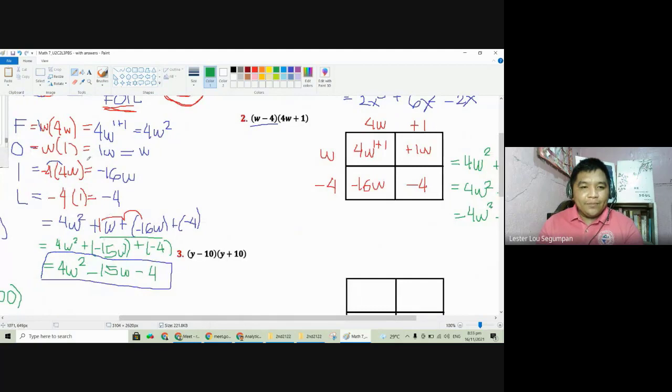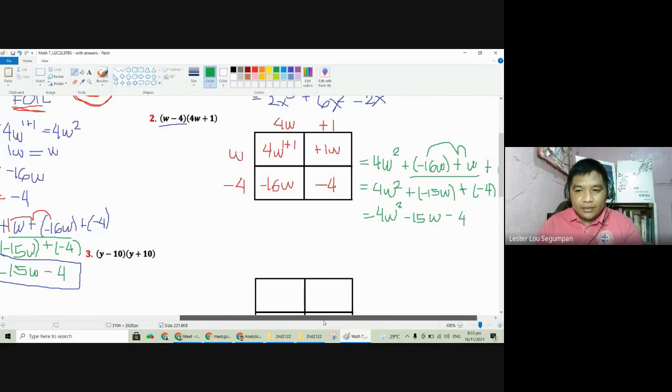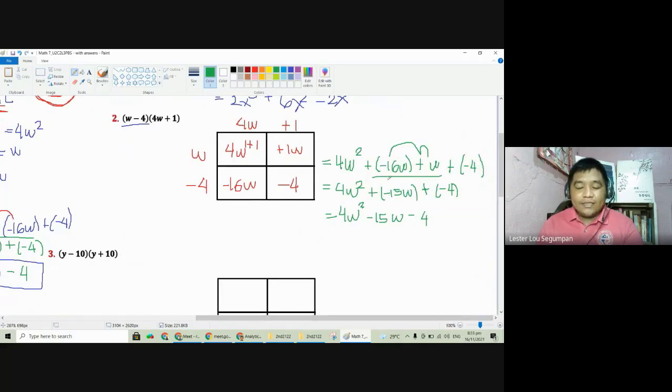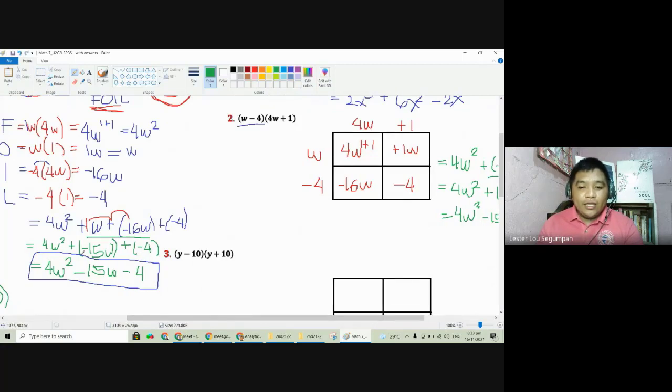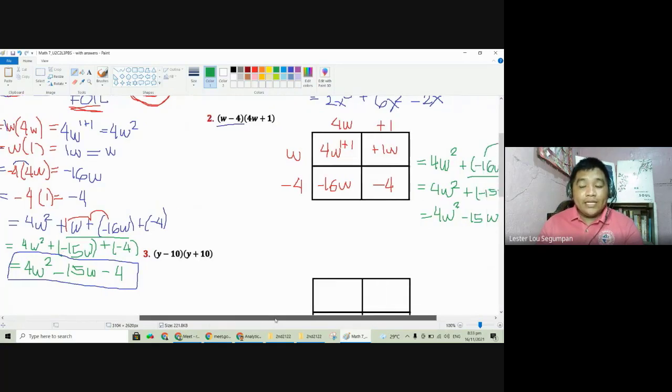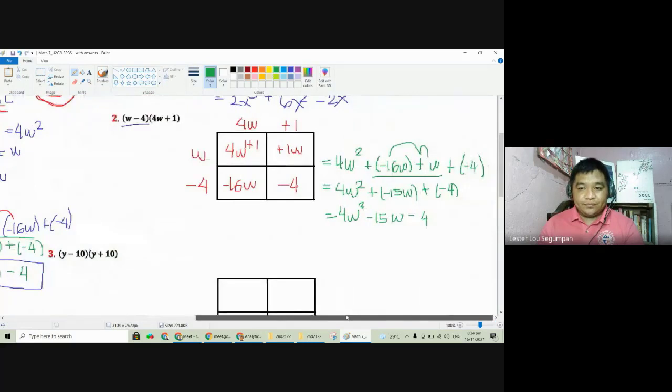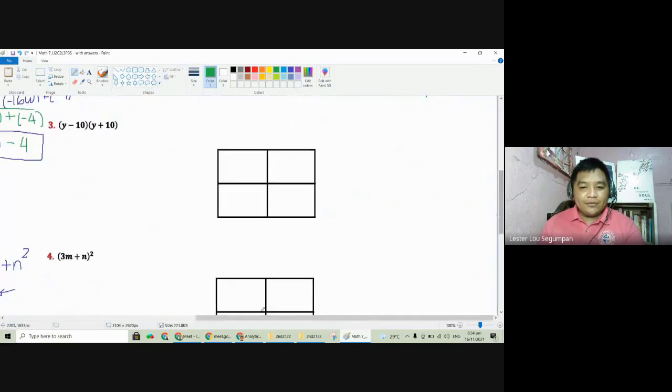Even if here, using the FOIL method, we have 1W first, and then the last will be negative 16, they are separated by addition. And in here, even if we started with negative 16 and later with W or 1W, still separated by plus sign, they will still yield the same result, as this is the continuation of the idea that addition is commutative. Let's proceed to number 3.